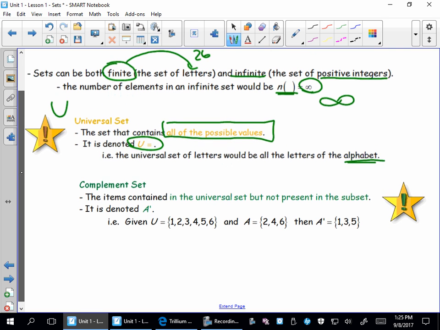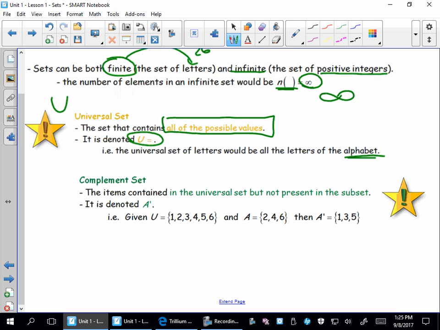Once you've taken a set out of the universal set, you're left with a complement set. Now, what that means is those are all the items contained in the universal set, but not present in a subset. So for instance, if I had the universal set of 1, 2, 3, 4, 5, 6, that was my starting point, and I took out 2, 4, and 6, the even numbers, the things I'm left with would be the odd numbers.